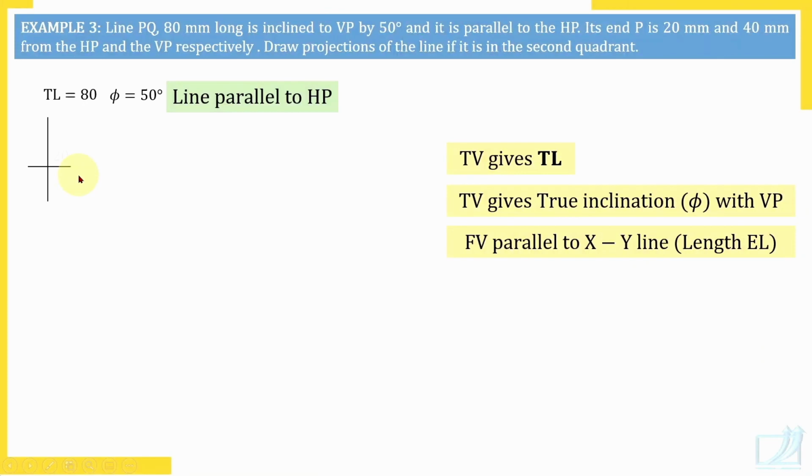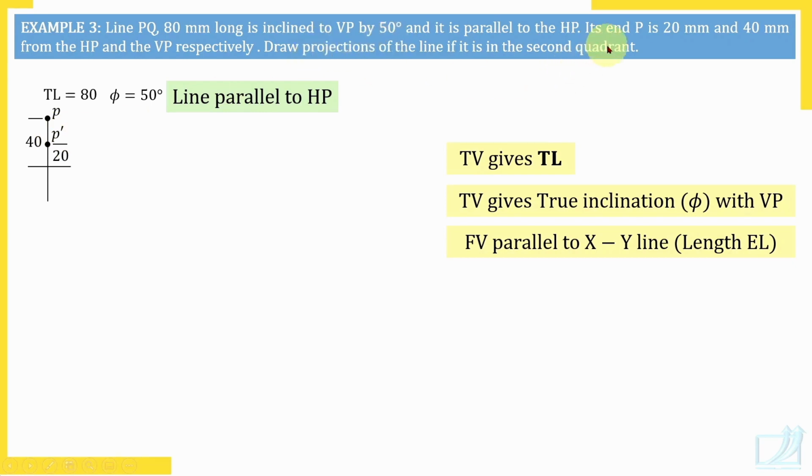So the line is in the second quadrant, which means all points on the line are in the second quadrant. It means its end P is in the second quadrant, so both distances of point P are to be measured upwards, above the XY line. So let's mark 20 mm: it is P dash, because the front view gives distance from HP, and 40 mm that is P. P and P dash are both above the XY line.